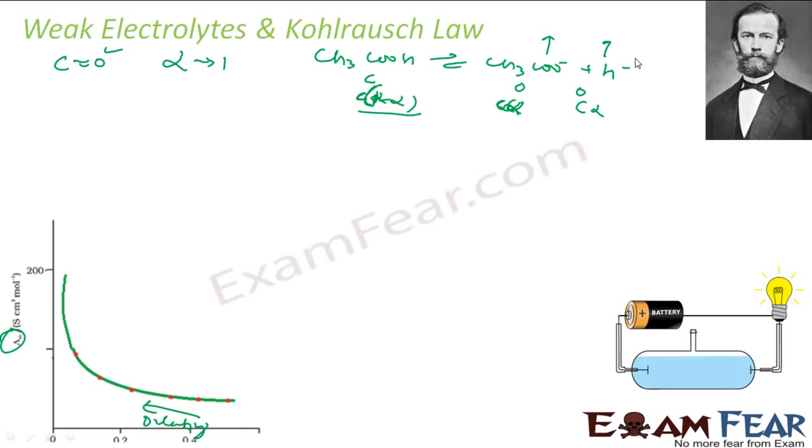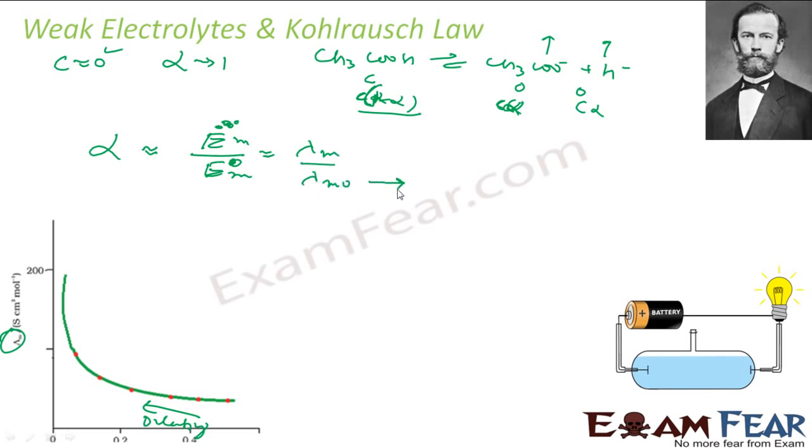Now, at any given concentration, let's come up with the new formula. If alpha is my degree of dissociation, I can easily approximate alpha to be the ratio of molar conductivities, lambda m by lambda m naught.